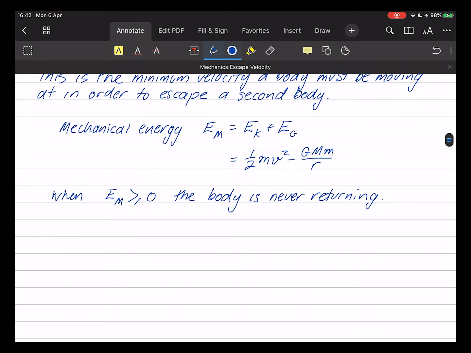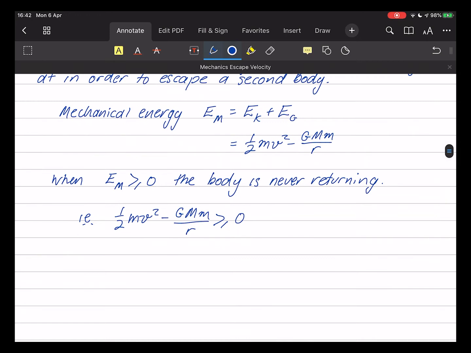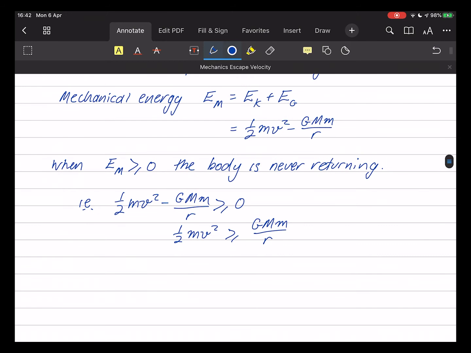I.e., I've got half mv squared minus G big M little m on r. When this is greater than or equal to zero, it's not coming back again. Half mv squared, I can take that to the other side. So when the kinetic energy is greater than the gravitational potential energy, it has enough kinetic energy to escape the gravity well.